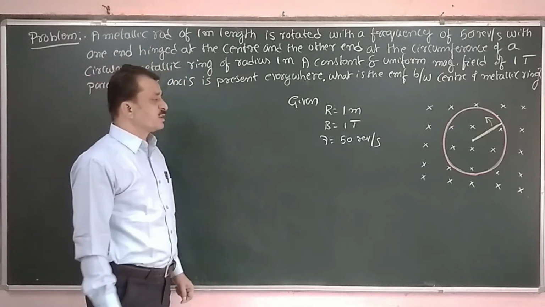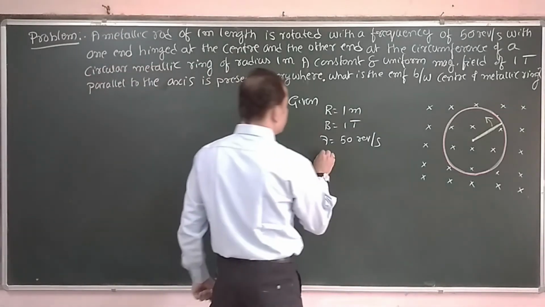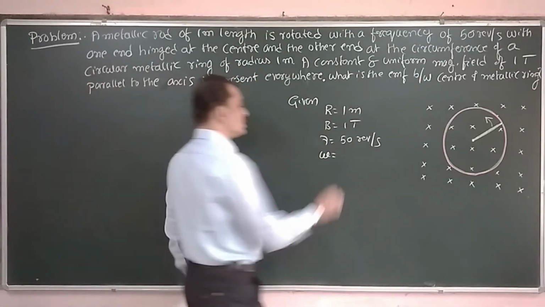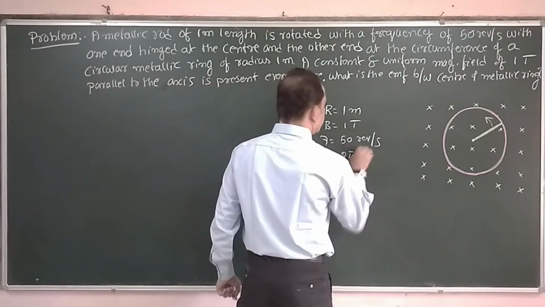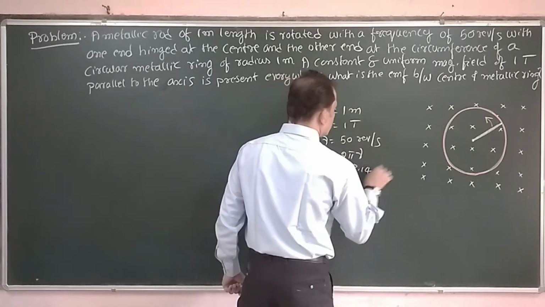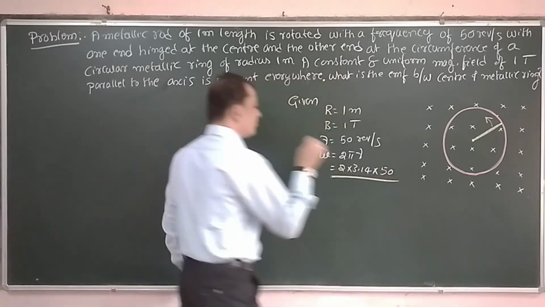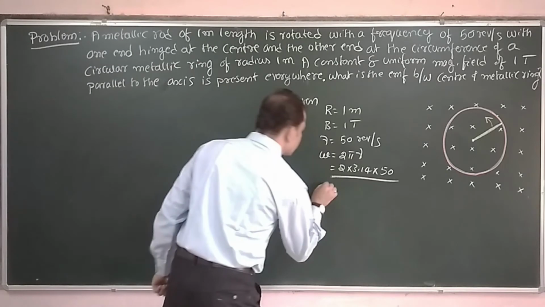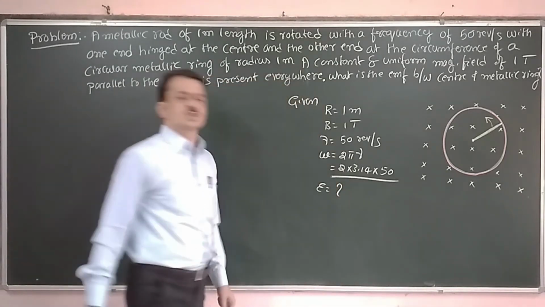Now we have to calculate the angular frequency. The angular frequency is 2 pi nu, that is 2 into 3.14 into 50. That gives the angular frequency. Now we just have to calculate the motional EMF.